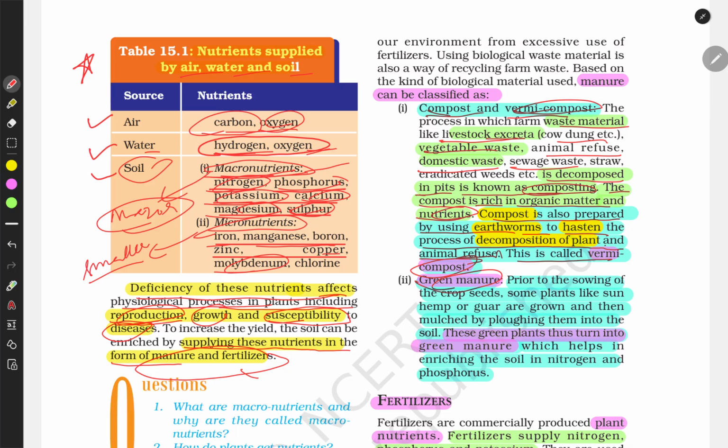When organic materials are collected in one place and decomposed, this forms compost. This is a type of manure. When the formation of compost is done with the help of earthworms, it is known as vermicompost. Vermi means worms, and we mostly use earthworms in it.